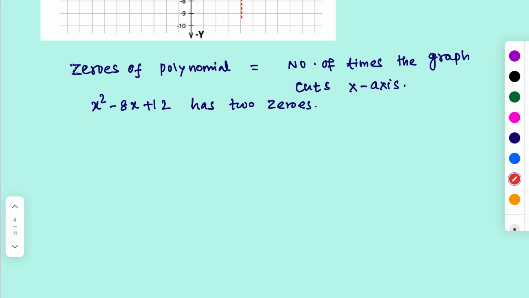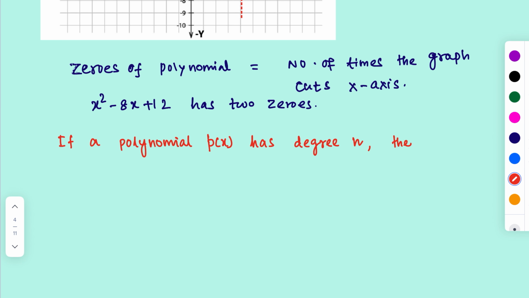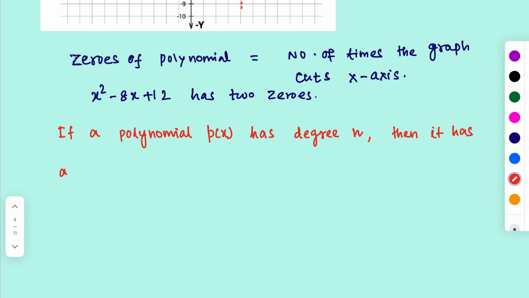And the fundamental theorem of algebra tells that if a polynomial p of x has degree n, then it has at most n number of zeros.